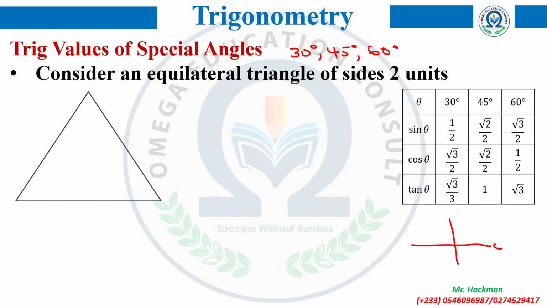So this is regarded as your 0 degrees, then you measure anti-clockwise: 90 degrees, 180 degrees, 270 degrees, and 360. So all the other angles, 0, 90, 180, 270, 360, are special angles as well. But now we are looking at the special angles which will be the 30, 45, and 60 degrees. Point well made.